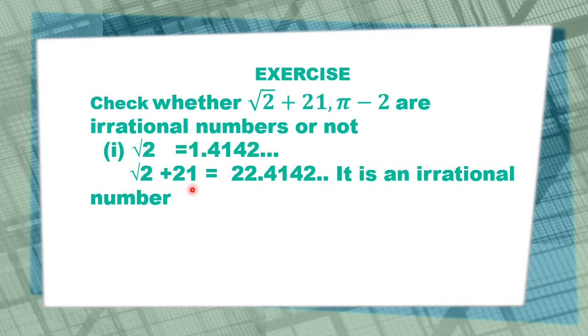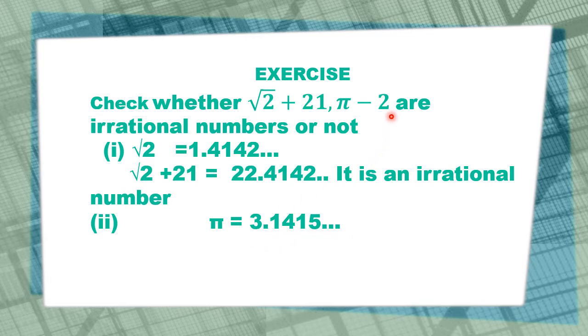Now on adding a rational number with an irrational number, what does the rule say? It is always an irrational number. So 21 plus 1.4142 will be 22 point these numbers and so on. As we all know, the value of pi is equal to 3.1415 and so on.